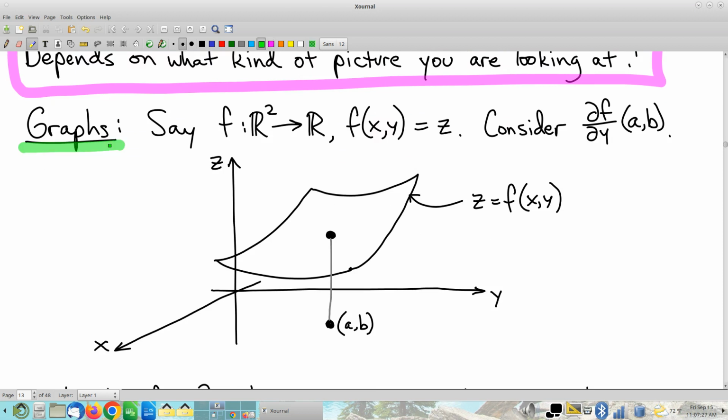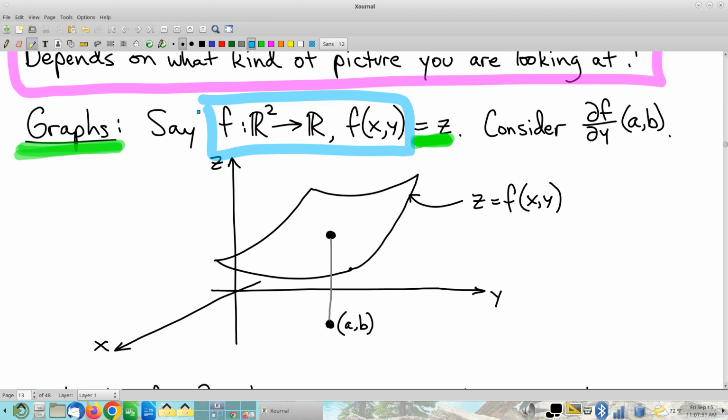Let's talk about graphs. Suppose I'm looking at a graph, z equals, right? So I'm looking at a graph of a function, specifically this function right here, some function of x and y whose value I'm going to set equal to z. We're not going to worry about what the formula for f is.